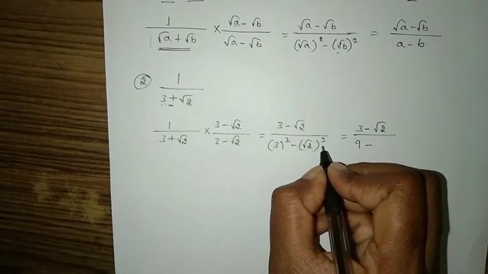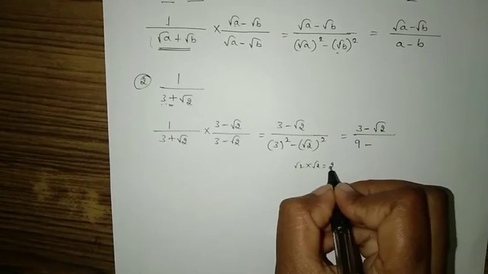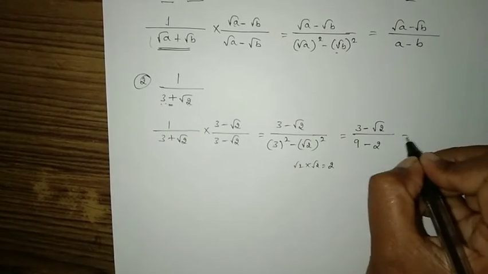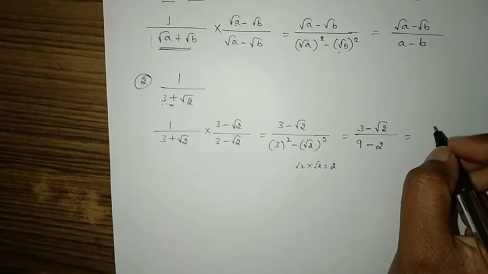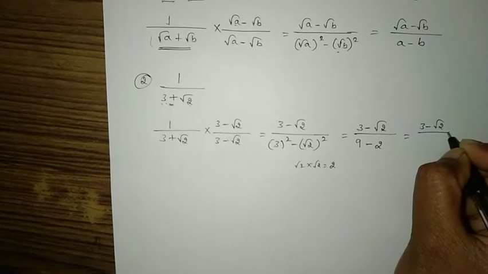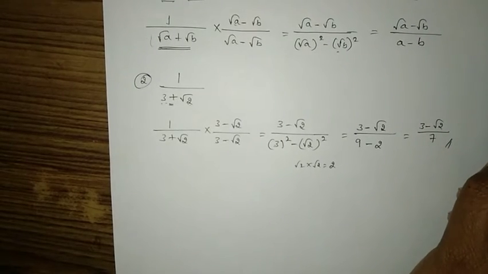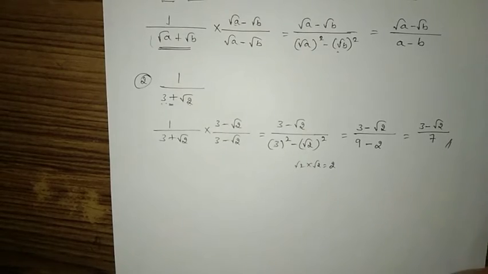Root 2 whole square means root 2 into root 2, that is 2 only. So we get the total answer as 3 minus root 2 divided by 7. This is the answer.